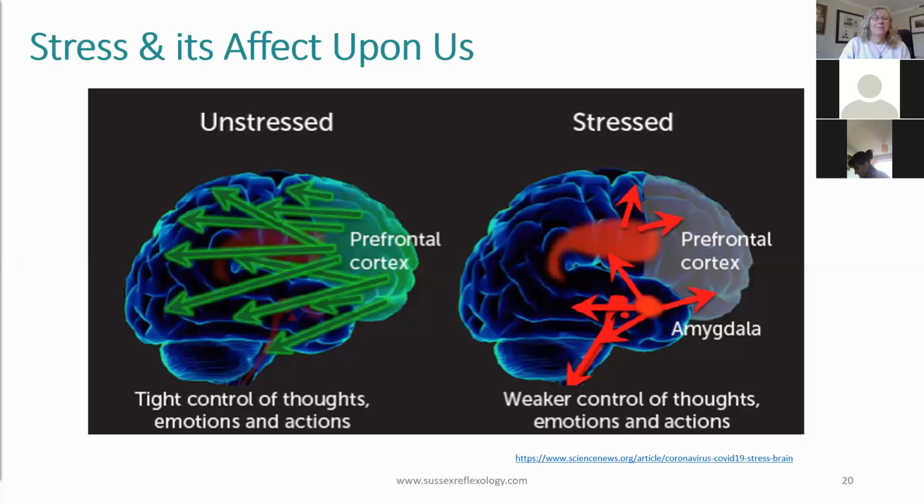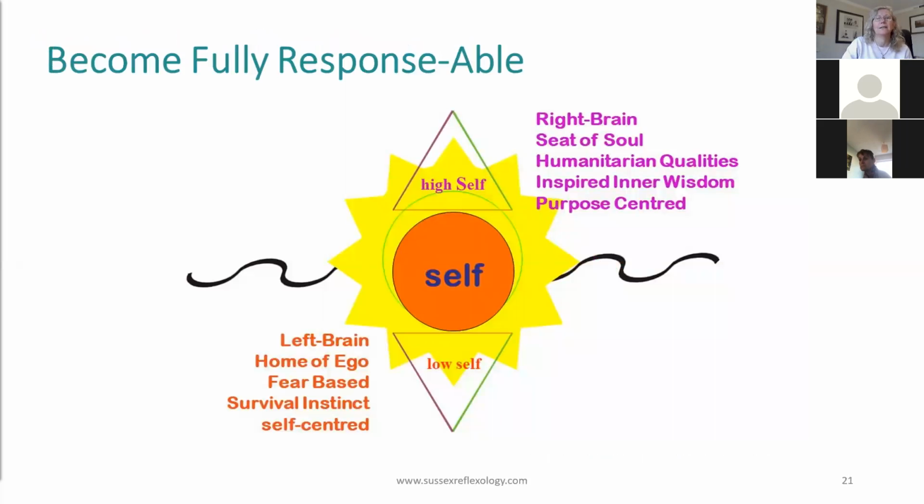So when we have this raised level of awareness of who we're choosing to be, and we've got tools in our toolkit, then we can start moving ourselves into a place that's more resilient.